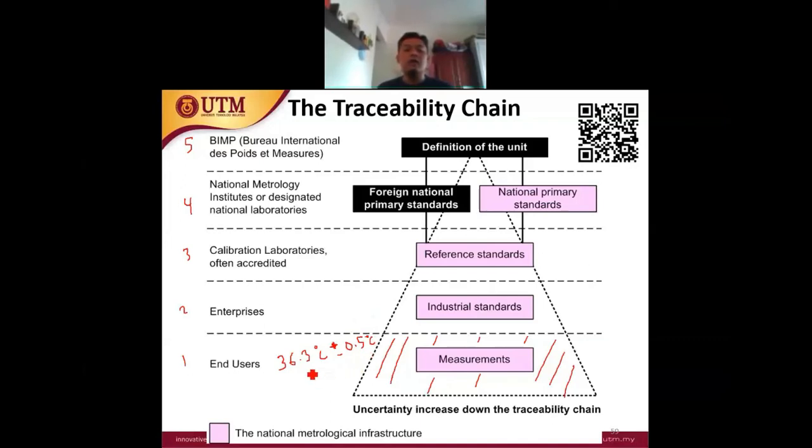So the actual measurement is 36.3, but the measurement could be anywhere from 35.8 to 36.8 degrees Celsius.